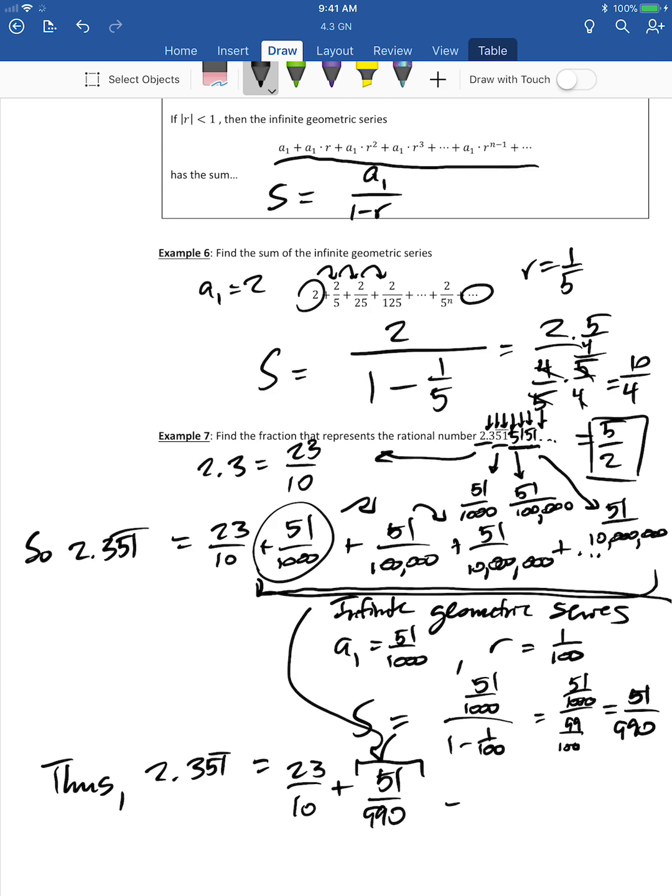That means if I add these two fractions together, I get 388 over 165. That's my answer. So I can figure out what fraction gives me this number with the repeating decimal.